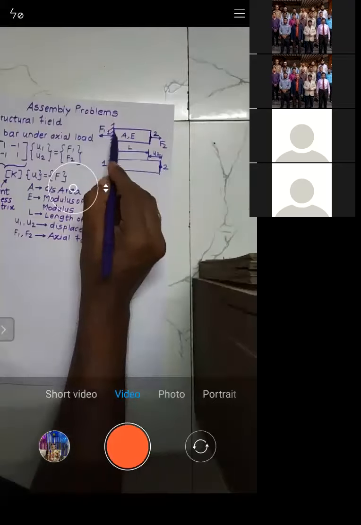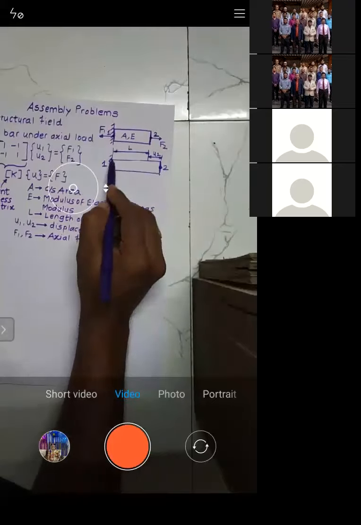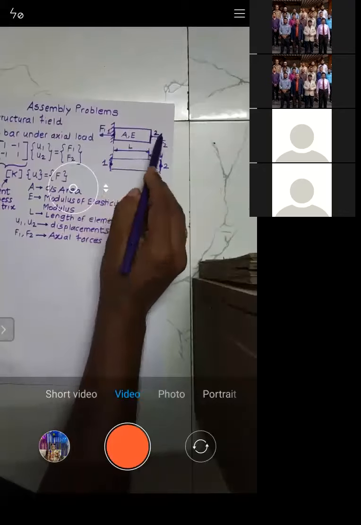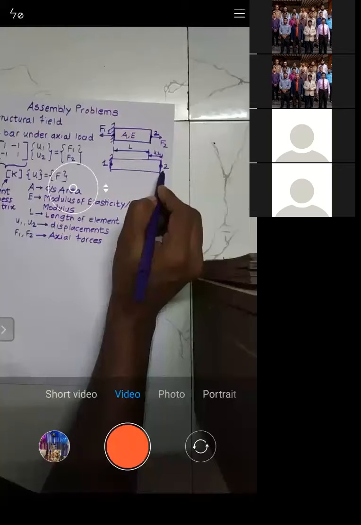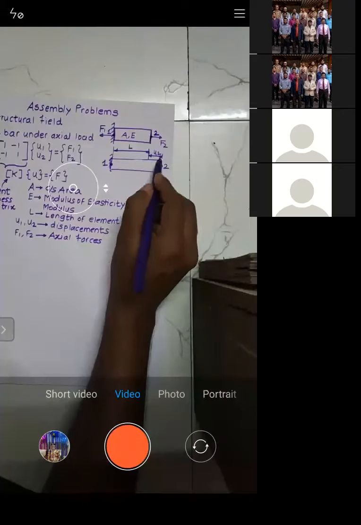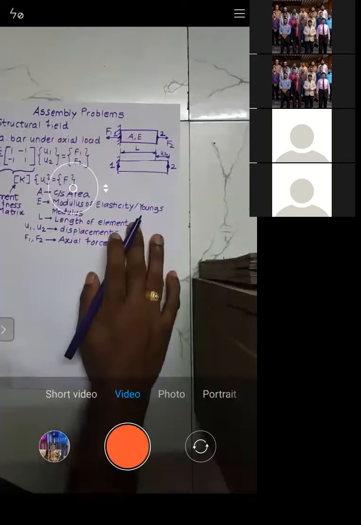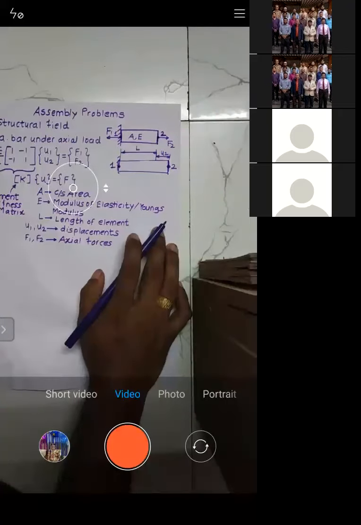You can see point number 1 is at its same location. Is that okay?